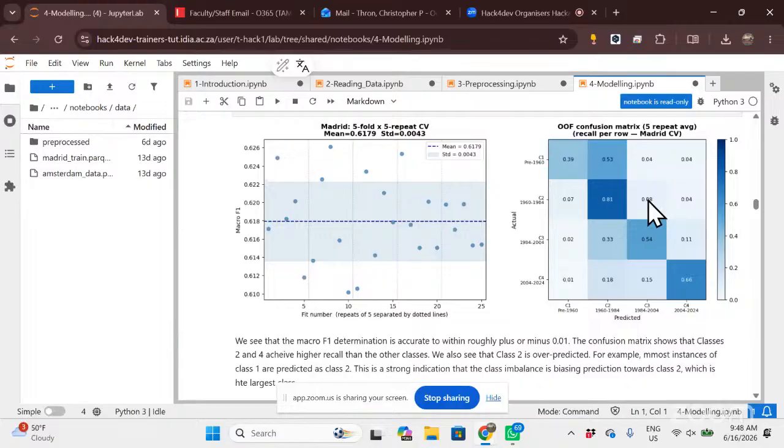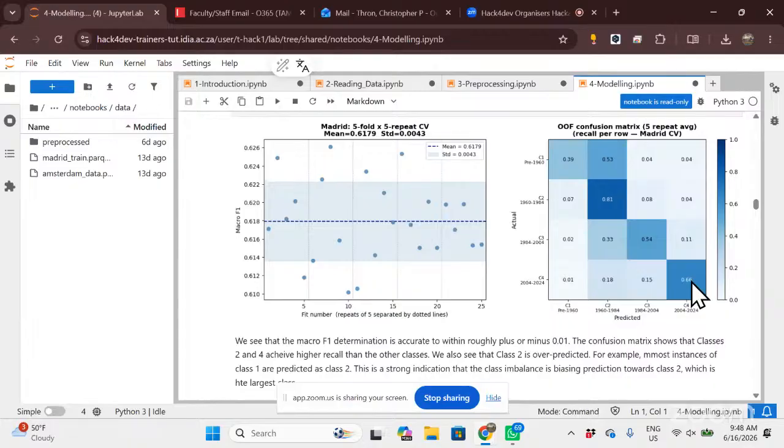Let's see. What's the probability that class 1 is correctly predicted? Okay, 39%. Right. So these diagonal entries are particularly important.